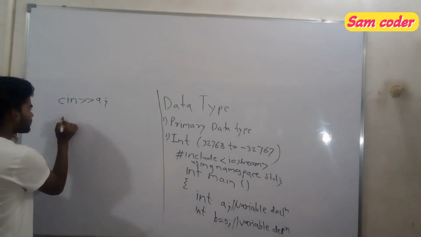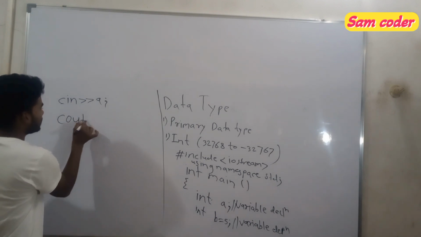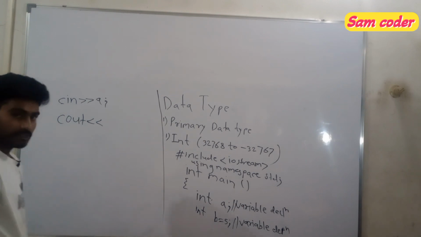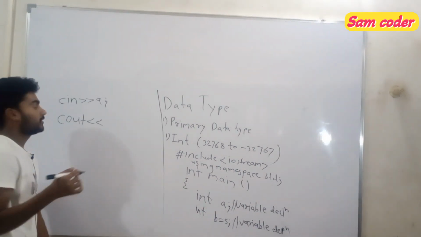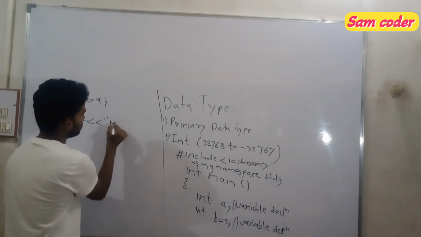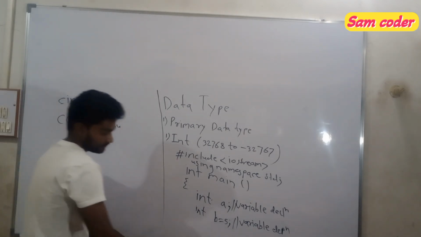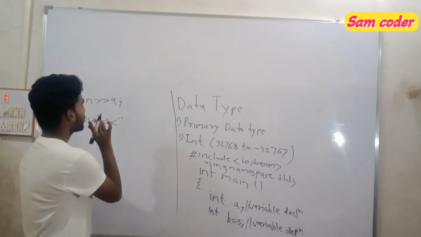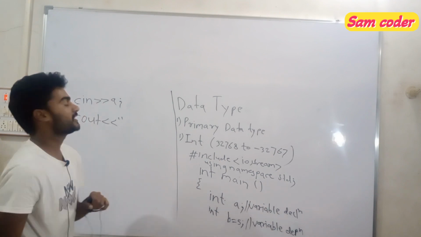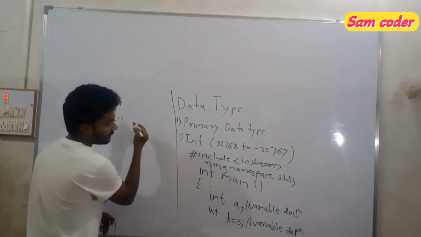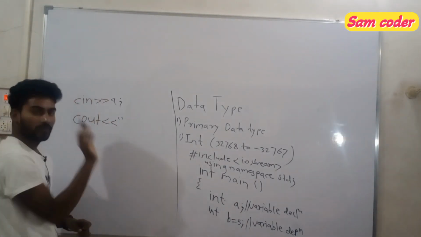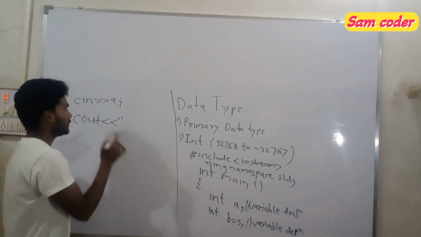Then you have to provide the cout statement, which is the output statement, for displaying the result on the display. For outputting the value we require the cout statement. Here we are presenting first the value, having taken the value from the user using the cin statement.